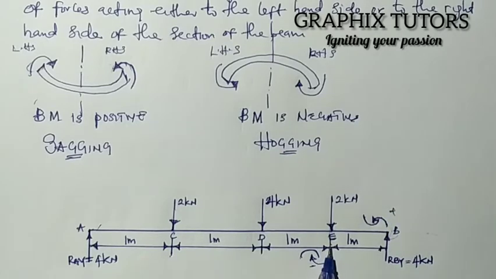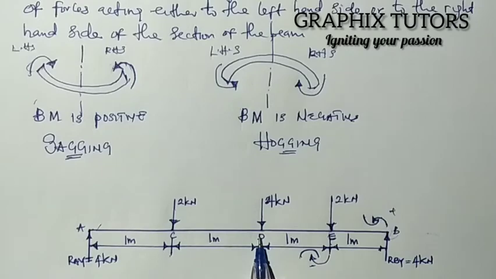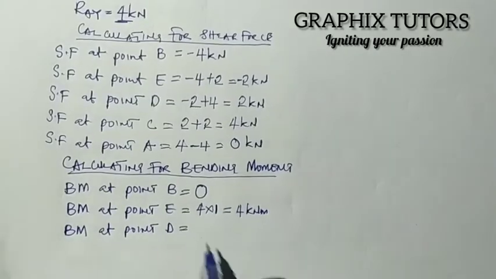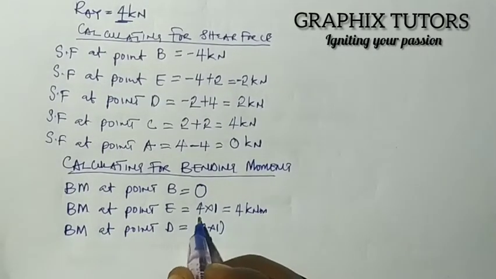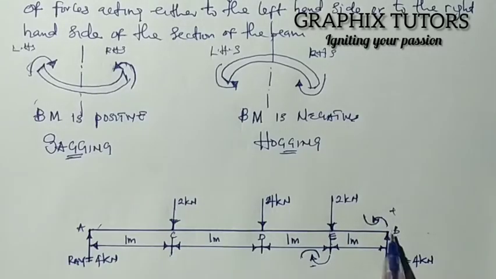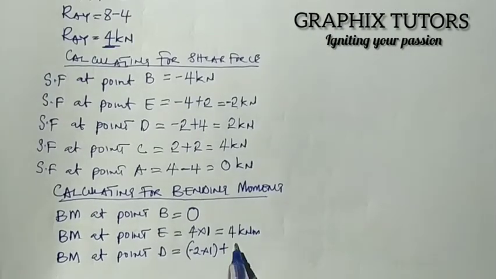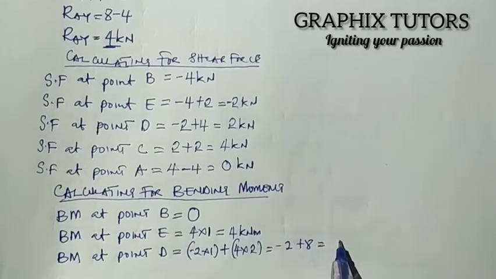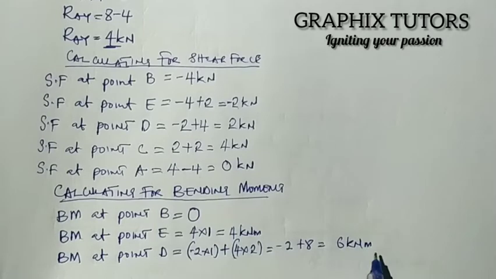So it will be minus 2 times the distance from here to where I take bending moment, which is 1, so minus 2 times 1, plus the next one, which is positive, 4 times the distance between these two forces, and that distance is 2. So 4 times 2. So in this case, this will now give us minus 2 plus 8, and that will be 6 kilonewton meter.